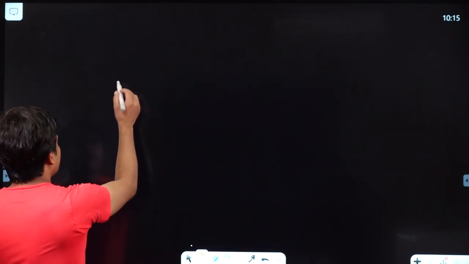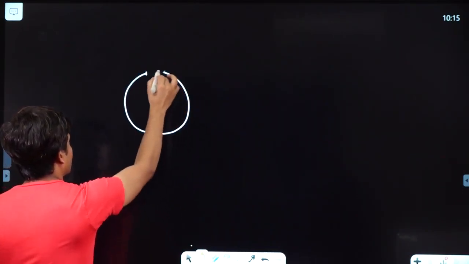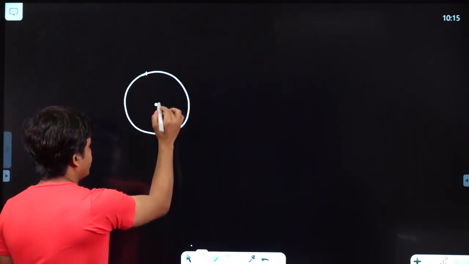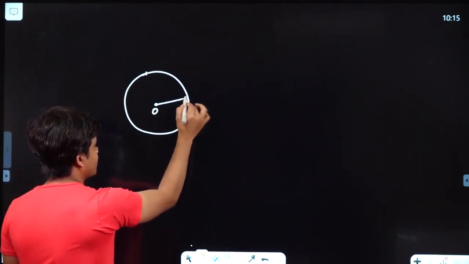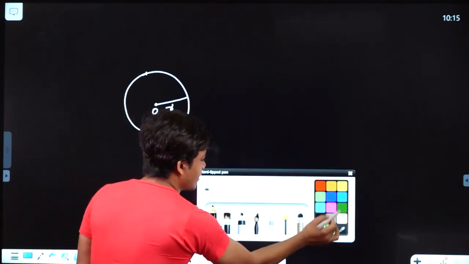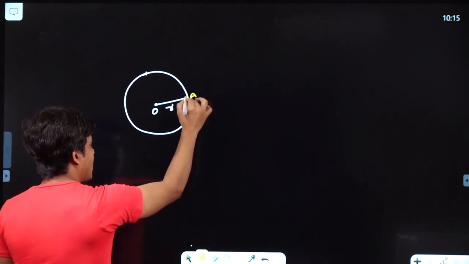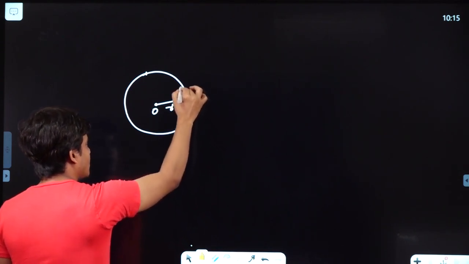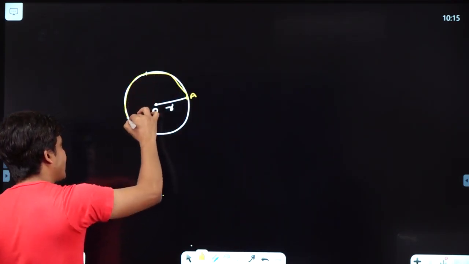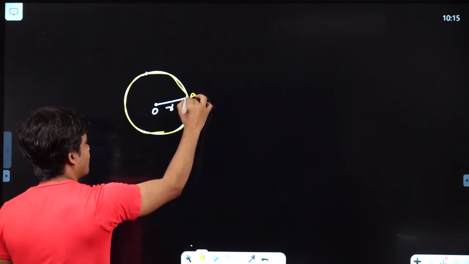Okay, so think if I take a circle over here, and this is a point O, and this is the radius R. So now what are we doing? We are going to start from the point A, and we are rotating over this circle, and finally we are coming over here.